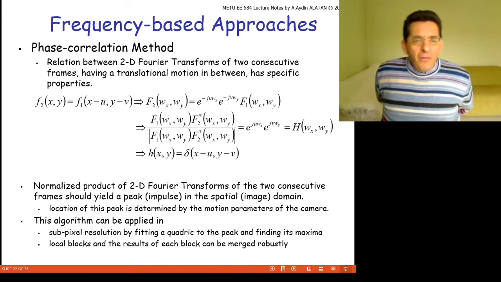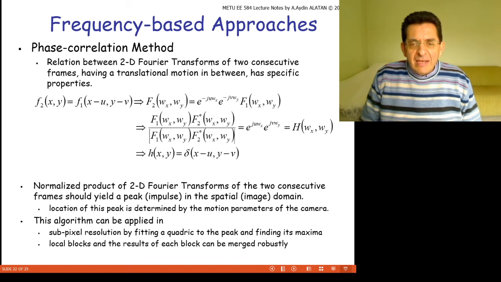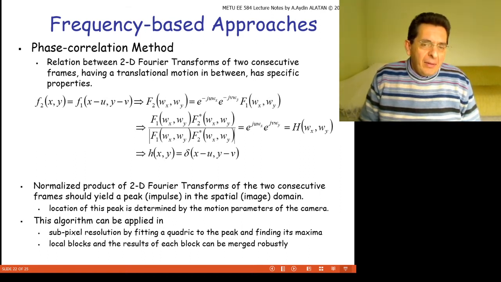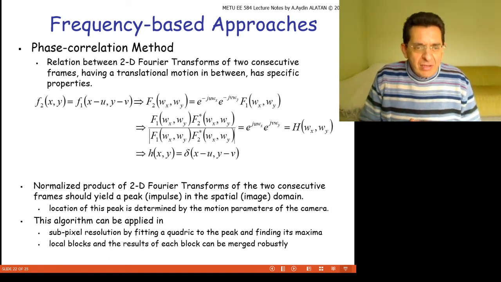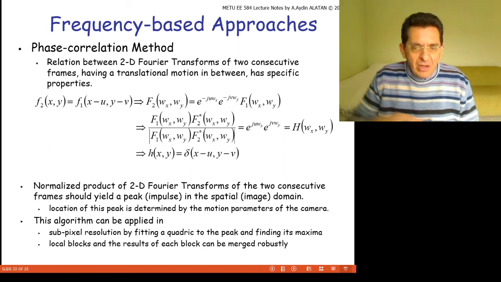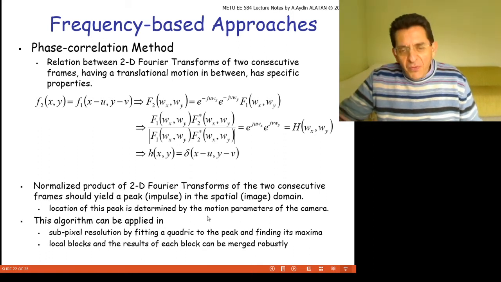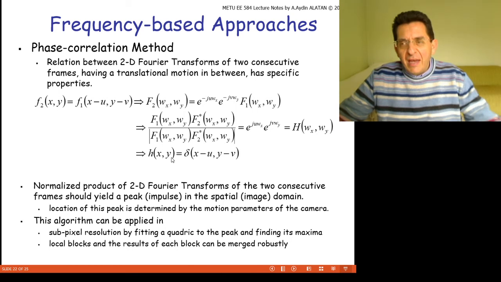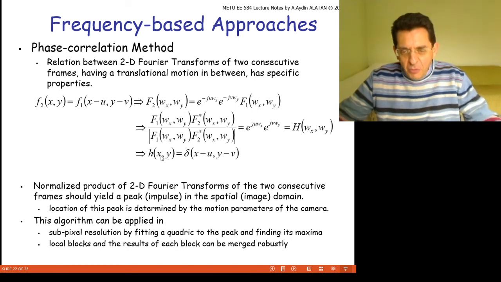Now, obviously, this location is obtained by the unknown velocity information, and we can improve this algorithm by trying to obtain a sub-pixel displacement estimation by fitting a quadratic to this output.